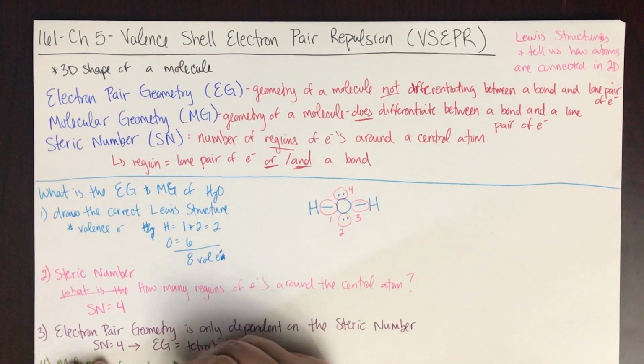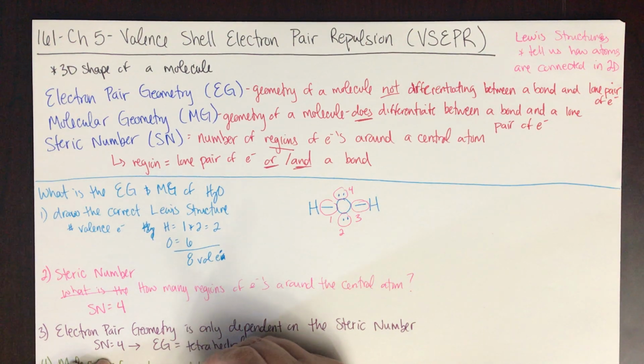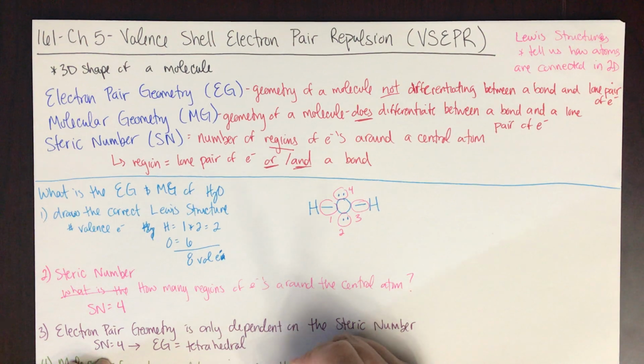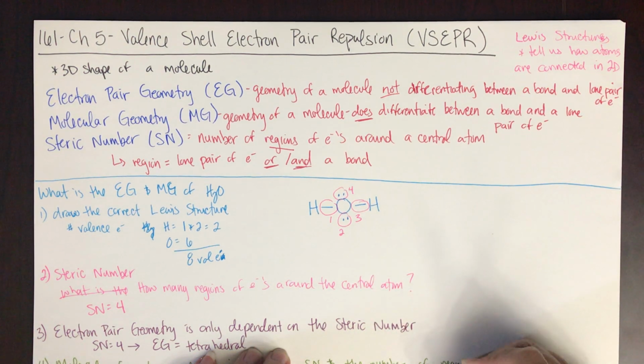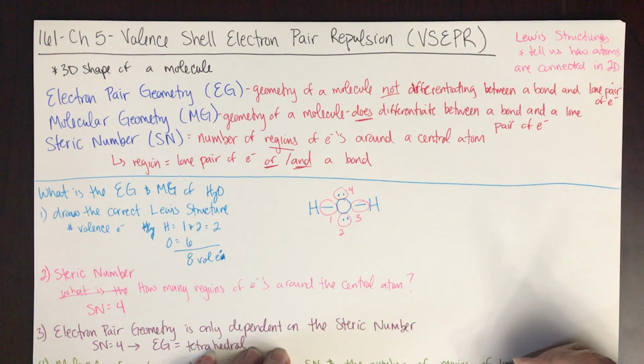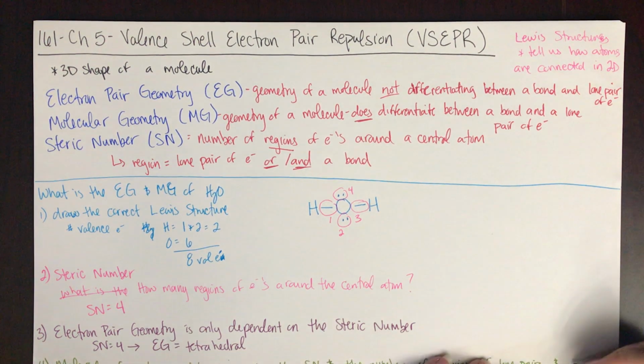So the molecular geometry is determined by the steric number and the number of regions of lone pairs and bonds.